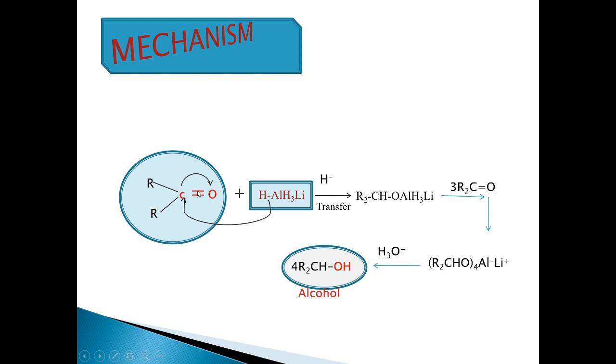This double bond means the presence of electrons, and there is formation of a negative charge. This negative charge on oxygen is attached to the aluminum atom, the metal. You can see here the positive charge on aluminum and the negative charge on hydrogen, which means it is the hydride.